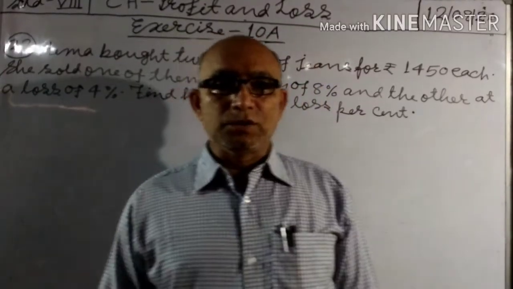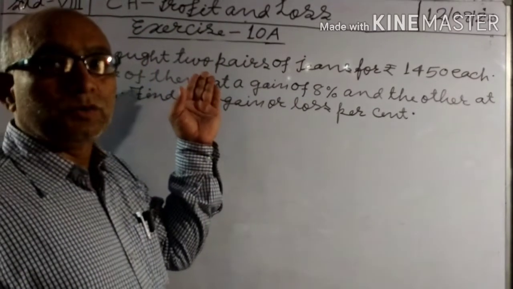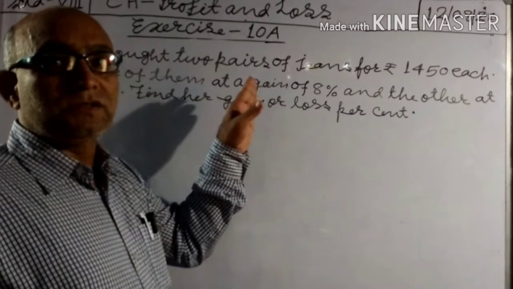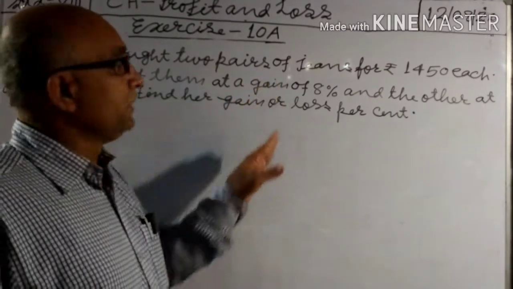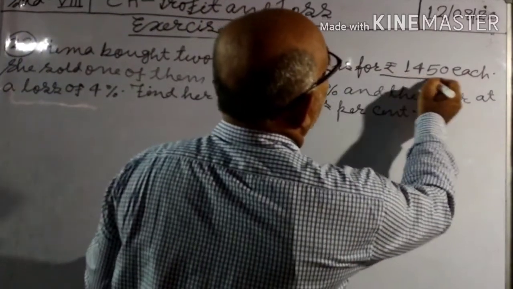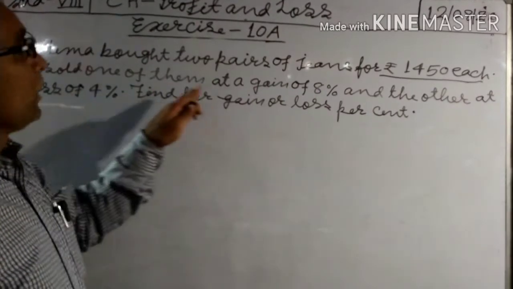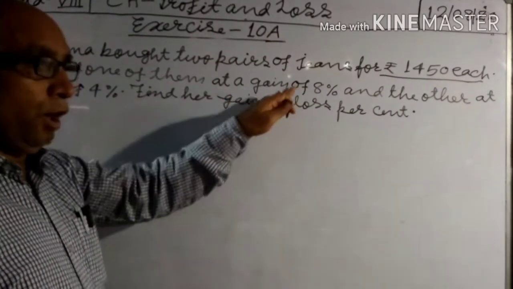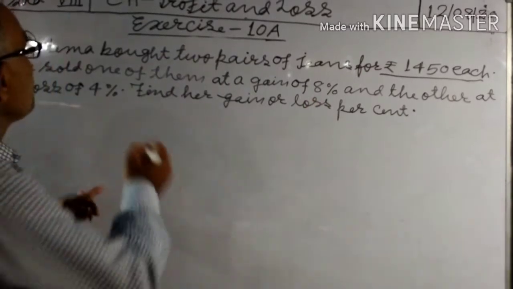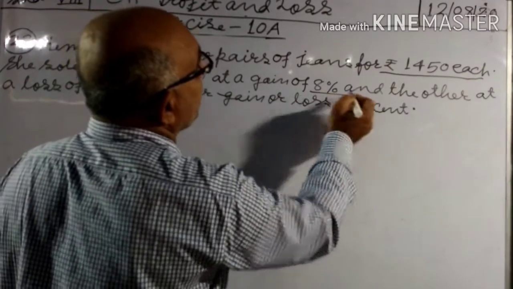Students, next question is question number 23. Hema bought 2 pairs of jeans for rupees 1,450 each. She sold one of them at a gain of 8% and the other at a loss of 4%.